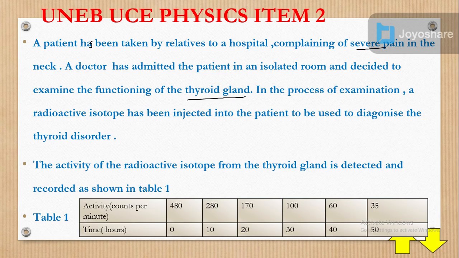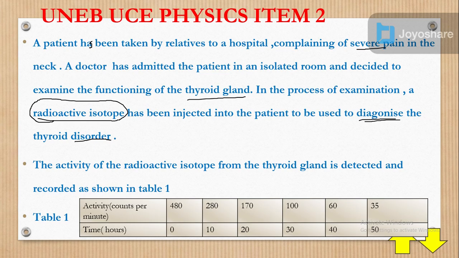In the process of examination, a radioactive isotope has been injected into the patient to be used to diagnose, to find out the thyroid disorder. In fact, what is wrong with the thyroid.